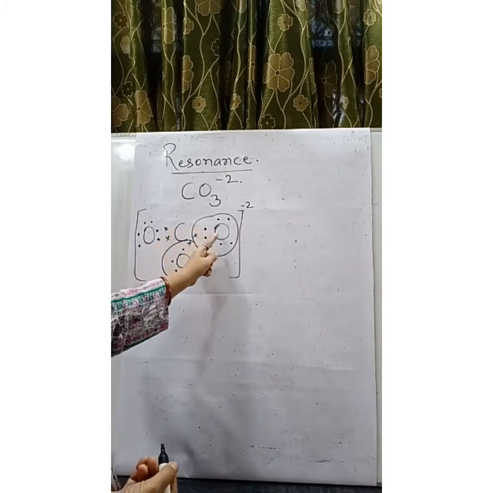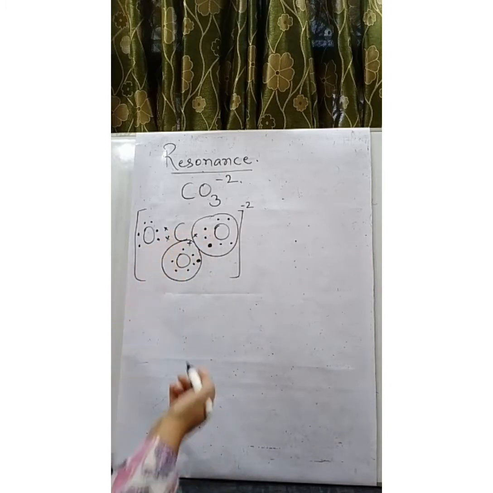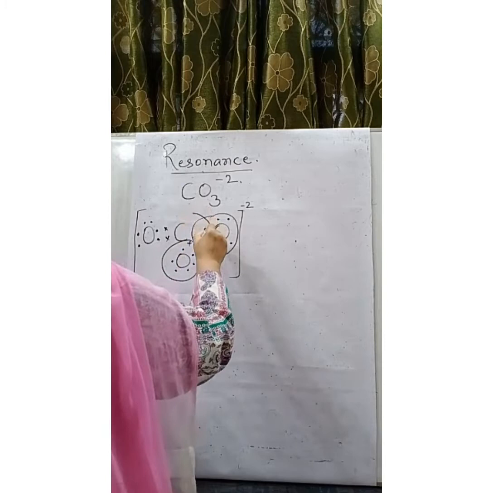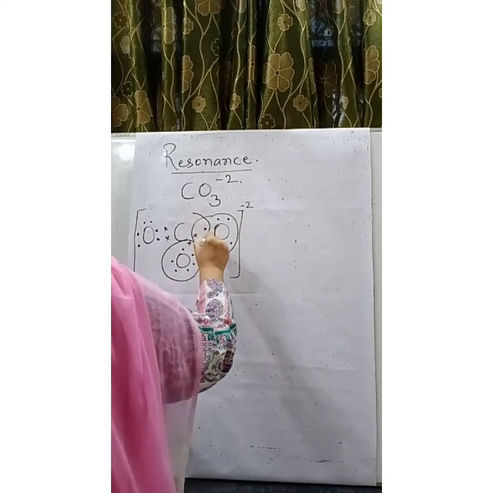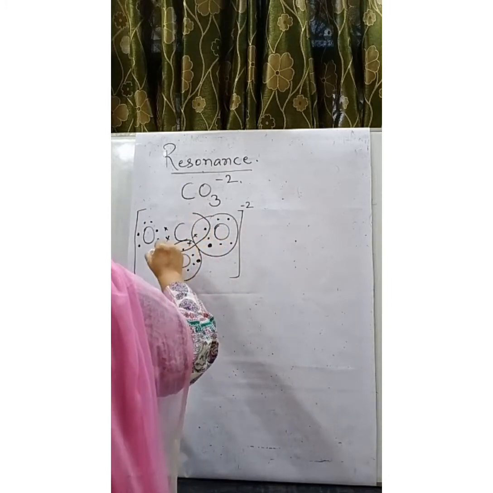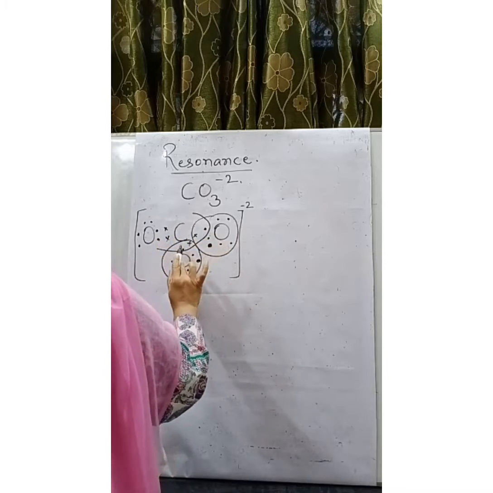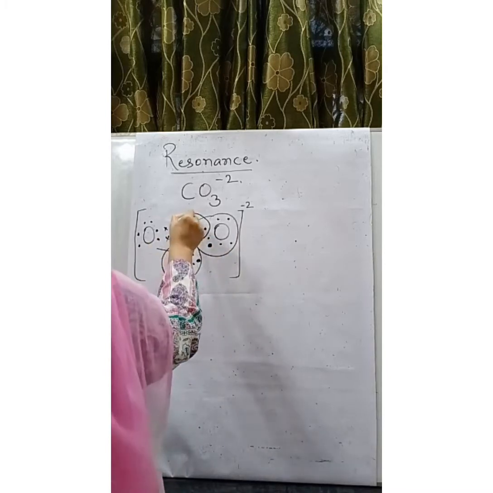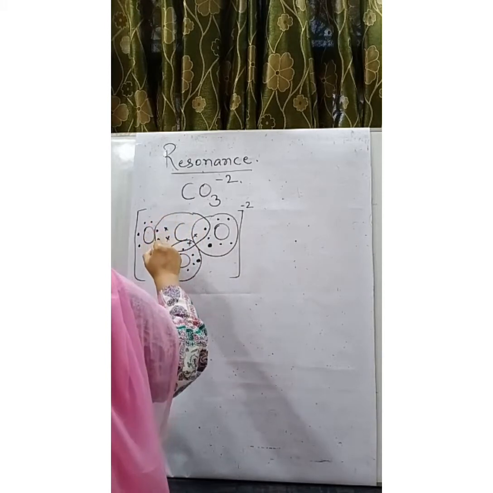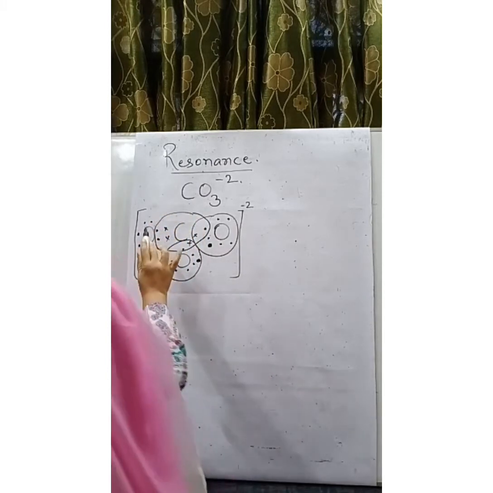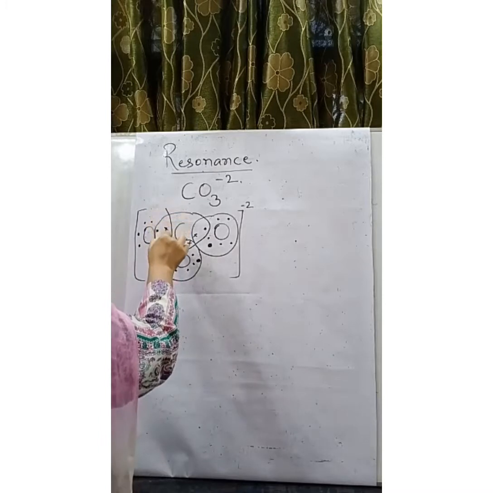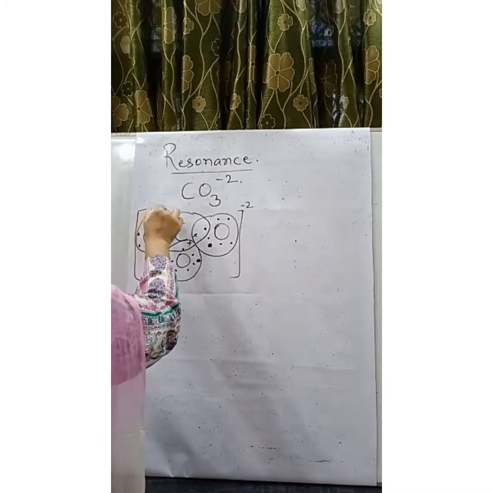Since carbon is giving 1 for sharing to both oxygen, it can also take 1 from both the oxygen atoms. So now carbon is having 1, 2, 3, 4 of its own, 5, 6 electrons. It wants 2 more. Takes from this oxygen and becomes stable. This oxygen also needs 2 electrons, so takes from here and becomes stable.